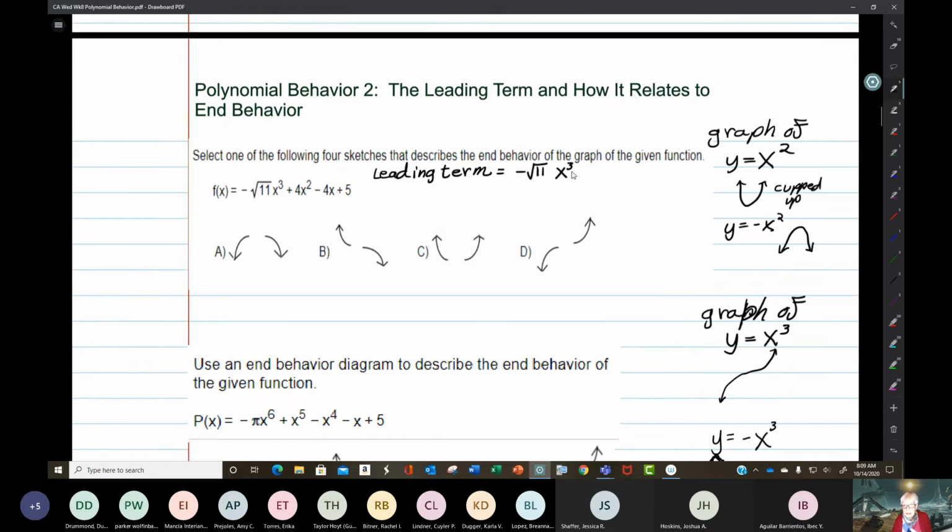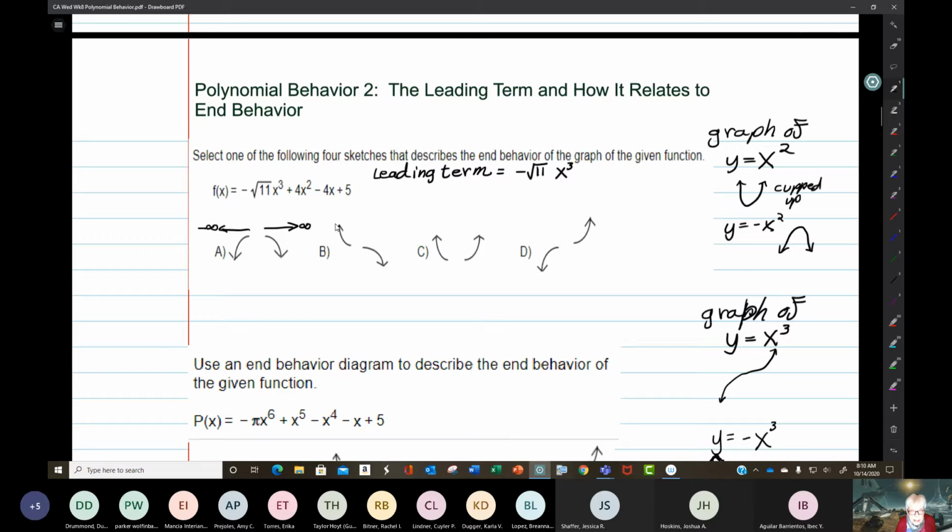This, on the ends, out at negative infinity, and out at positive infinity.